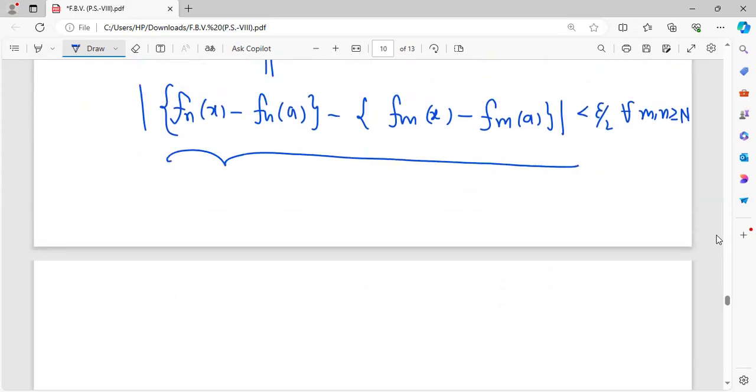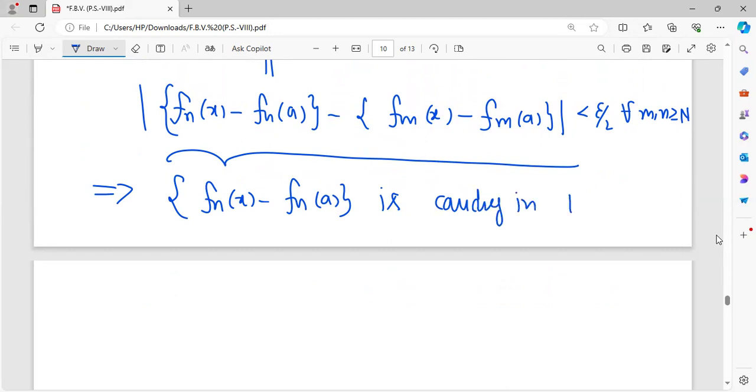What is the meaning of this? This implies that the sequence f_n(x) minus f_n(a) is Cauchy in R.